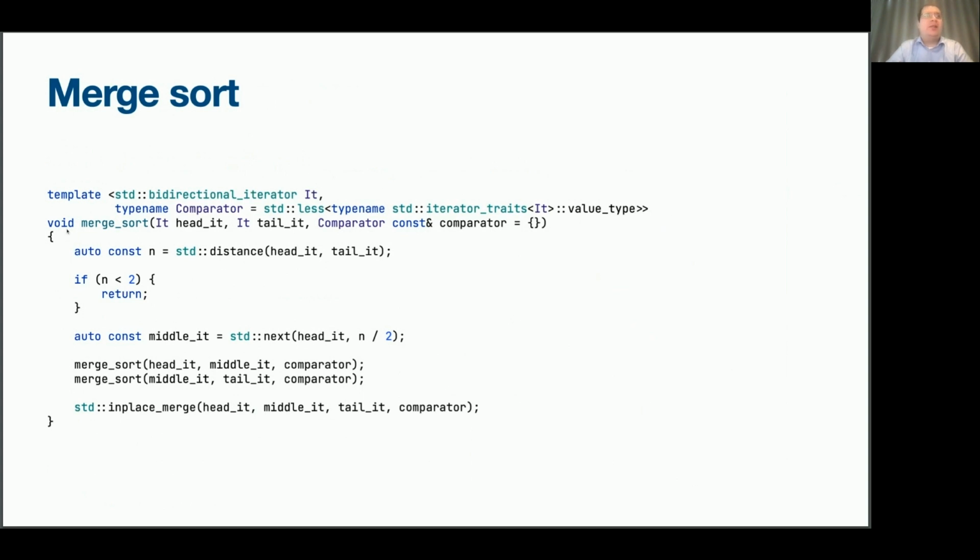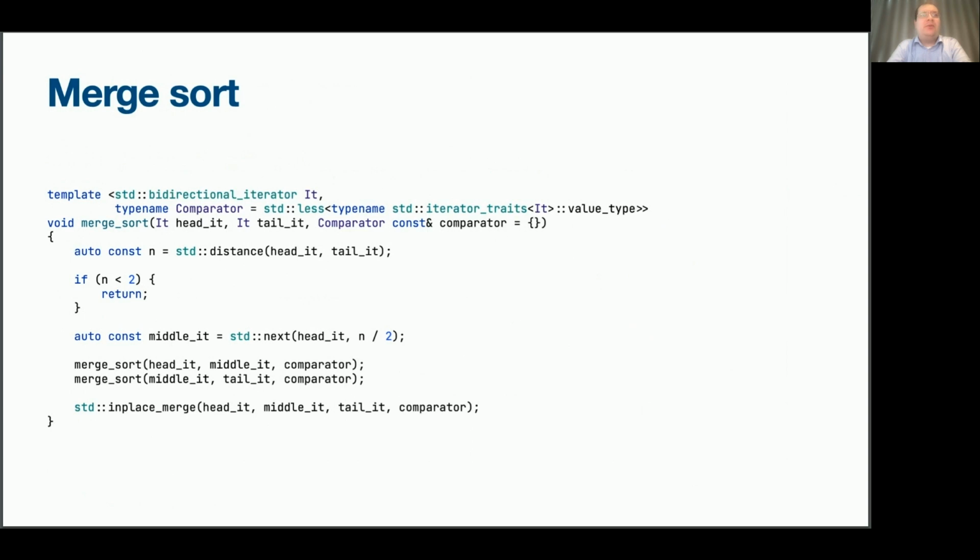Also, we can use a comparator with a default template parameter here. We are going to write a similar function for merge sort, where we can pass two iterators, head and tail, and also a comparator, which is an optional argument, defaulted to the std::less function from the standard library.